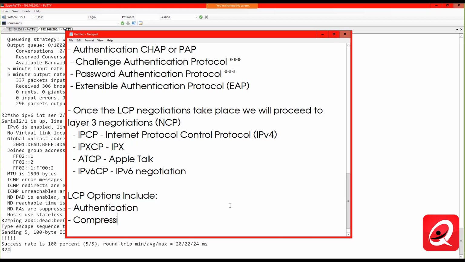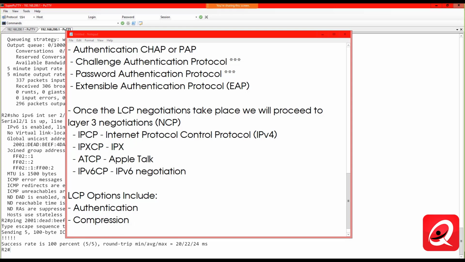We can also do compression. This is typically a protocol that we're going to be running on a slower speed link, so we may have to have some sort of compression technique to increase the effectiveness of the throughput on the link itself. And then the data would be decompressed at the other side of the link.